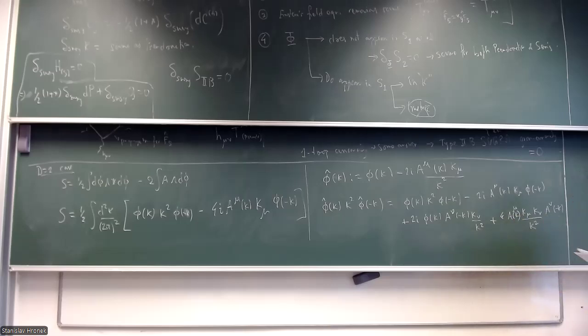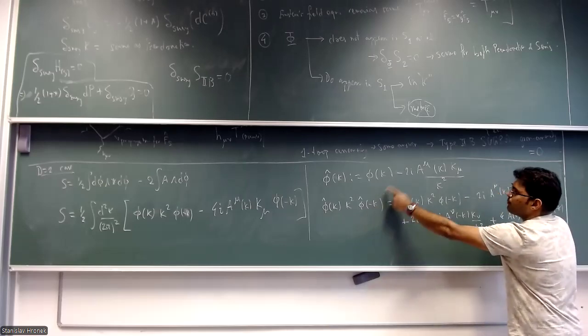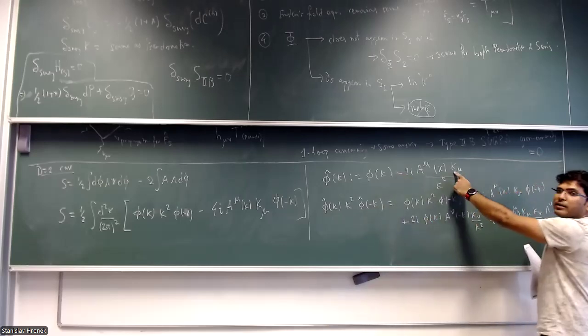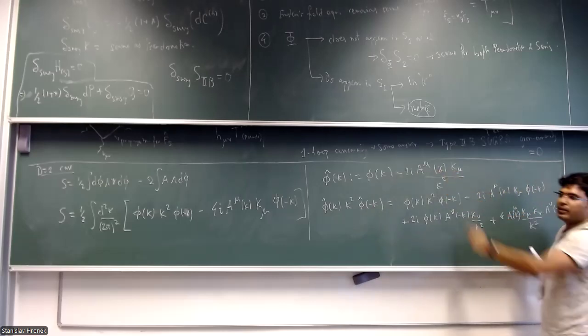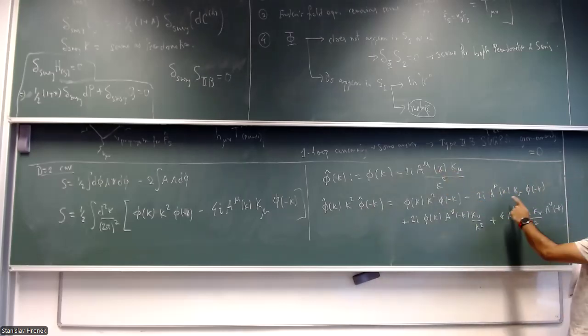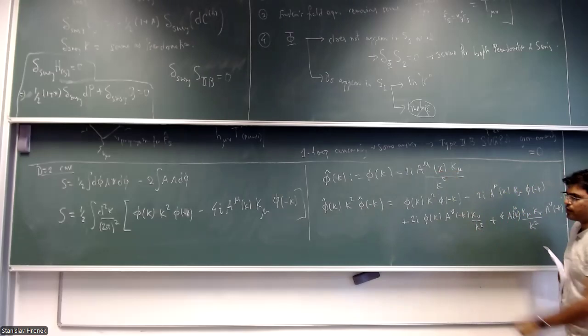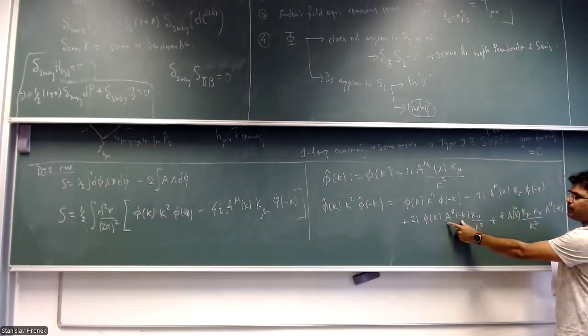I just expanded the product out. The only thing is that phi of minus k would imply that this becomes plus because there is a k sitting here, and of course these are going to be minus k. So that's why one of the cross terms has a minus sign and one of the cross terms has a plus sign. But here I can just simply change the label k to minus k.